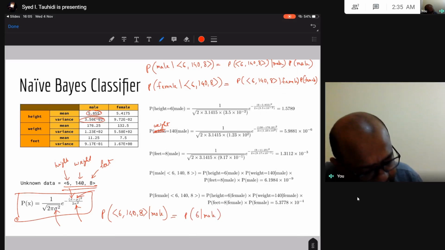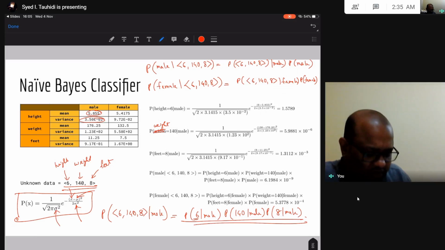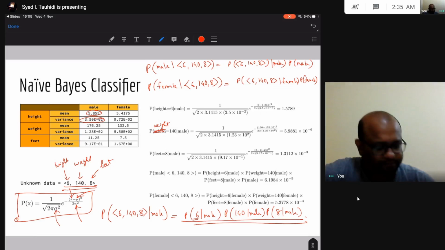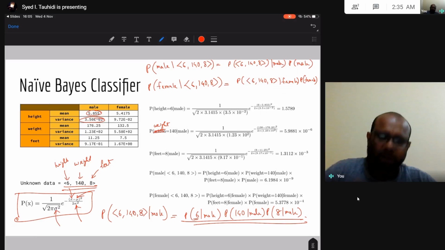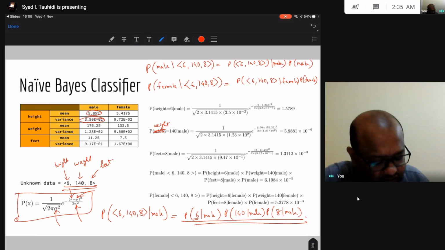Probability of height being 6 given male, probability of weight being 140 given male, and probability of shoe size 8 given male. This is the equation that we have, given the fact that all these features are independent.